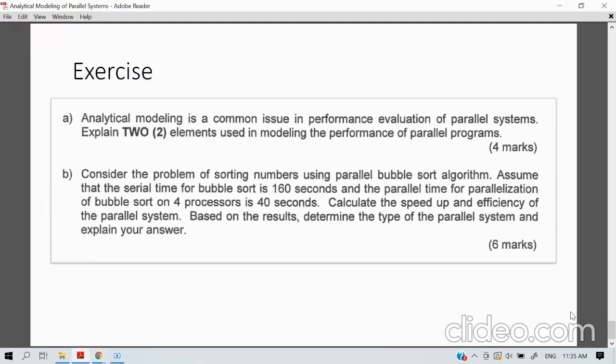Okay, how to calculate the speed up? What is the formula to calculate the speed up? So you go back to the previous slide.